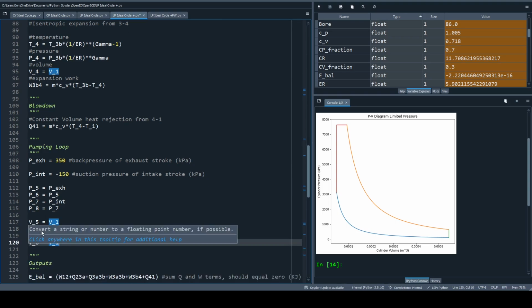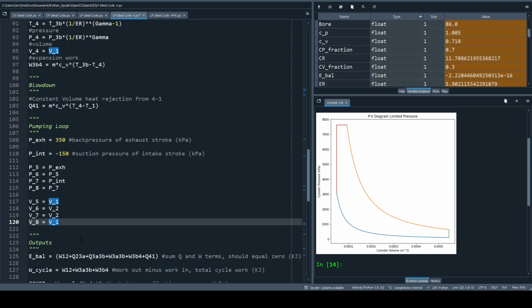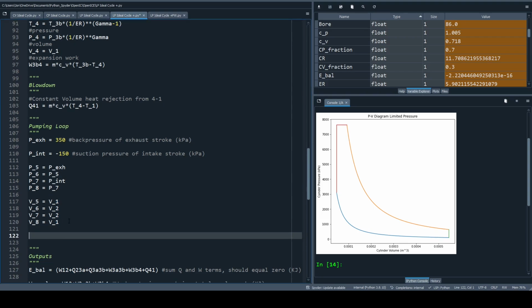All right, so volume at 5 is bottom dead center. Volume at 6 is top dead center, and then back to bottom dead center. So those will be the volumes. We don't need to know temperatures here, although we could calculate them if we wanted. And both of these, both pushing the exhaust gas out and pulling the intake charge in, are going to take work. So we need to calculate some work terms.